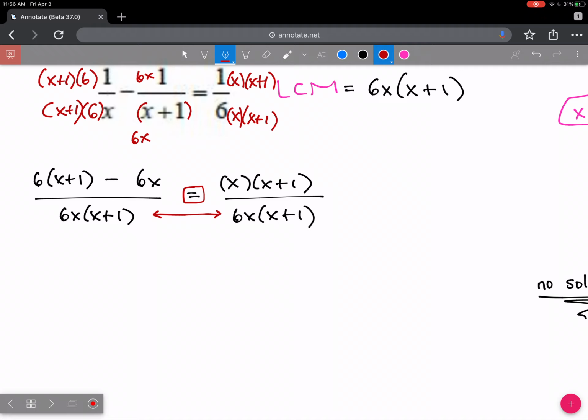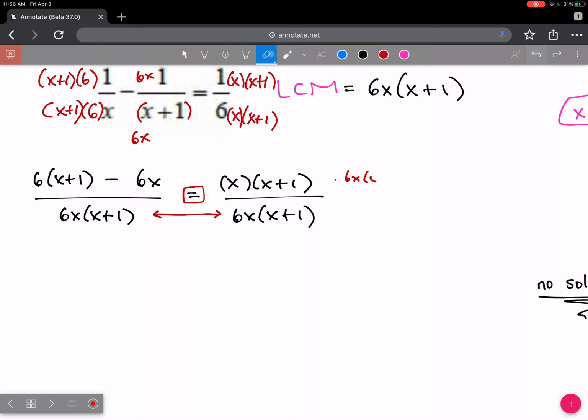So that's not going to help us any further if we keep it in the equation. So what I can do is essentially multiply by 6x times x plus 1 on both sides of the equation. And what that's going to do is cancel the denominator. And so moving forward, you don't even have to do that or think about that.